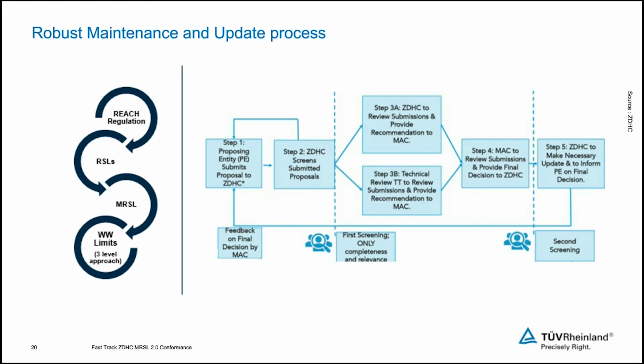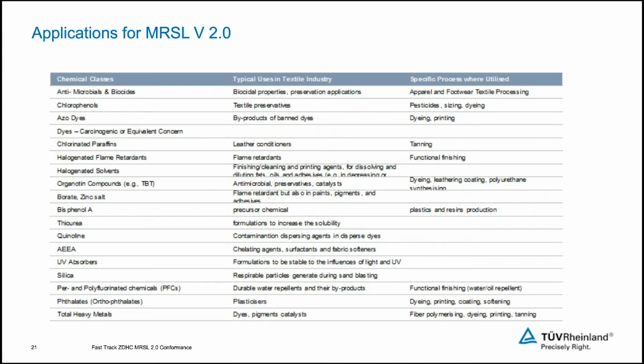In the beginning of my presentation, I was talking about changes for MRSL version 2.0 and the newly added chemicals. On this slide, we can see some potential applications for the MRSL substances. Especially looking at the new substances, for the chemical formulator this has quite a big impact.